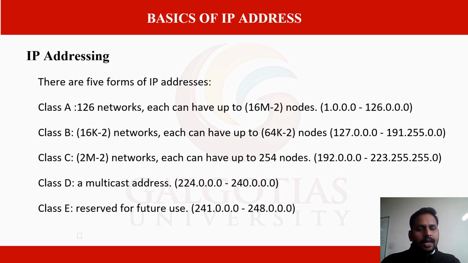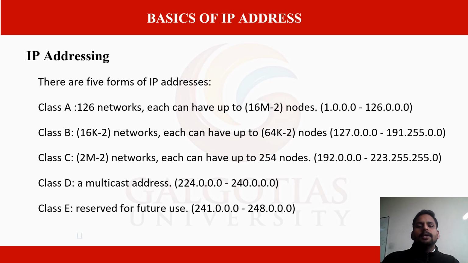Here we have class A, class B, class C, class D and class E. So we know the range of each and every class. In class A we can make 126 networks, and the ranges start from 1.0.0.0 to 126.0.0.0, and class B's range starts from 128 to 191.